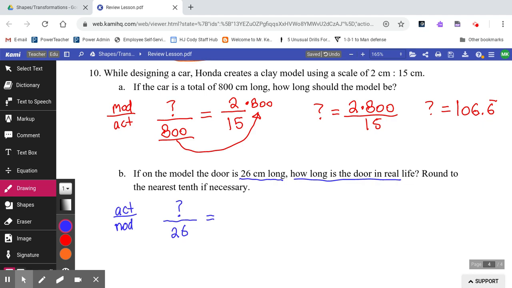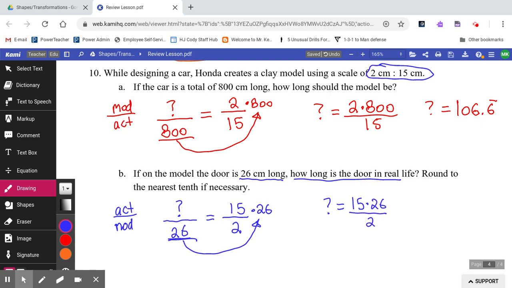We should make that equal to whatever my ratio was, but putting actual on top this time. So 15's on top divided by 2. If I multiply this up here times 26, that means my question mark equals 15 times 26 divided by 2.